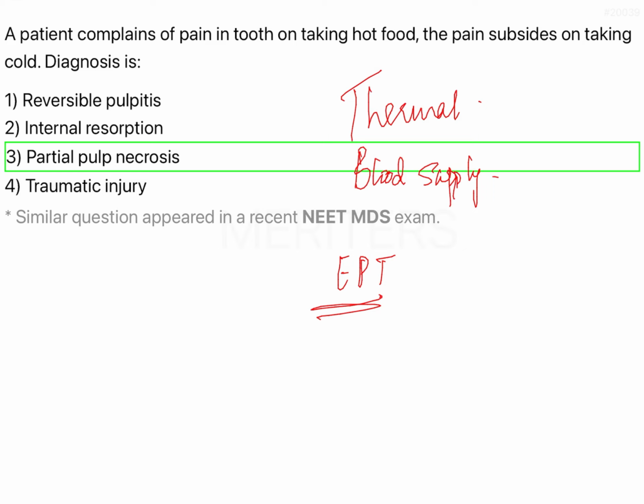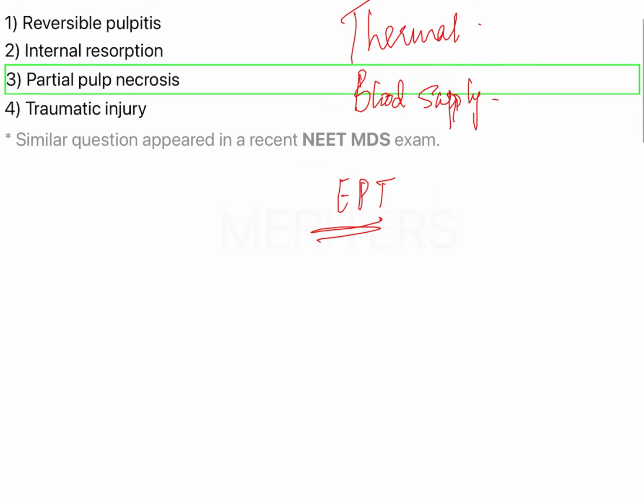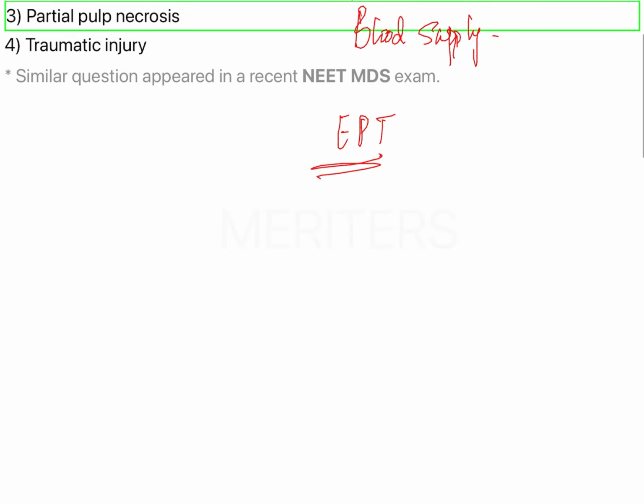Now, a very important thing, since most of you even apply for AIIMS exams: if you have a tooth where two canals are in a state of reversible or irreversible pulpitis and one canal is in a state of necrosis, recent data suggests that you can do a partial pulpectomy. What does that mean?